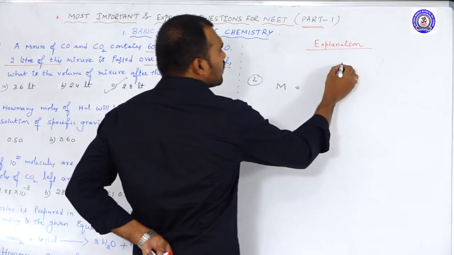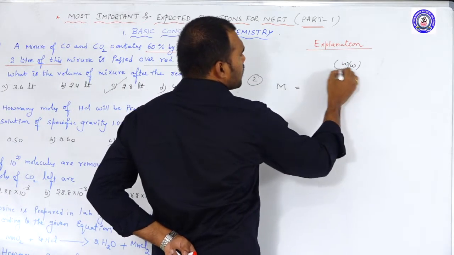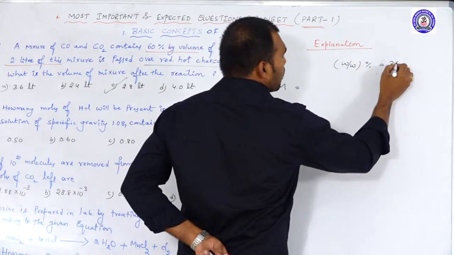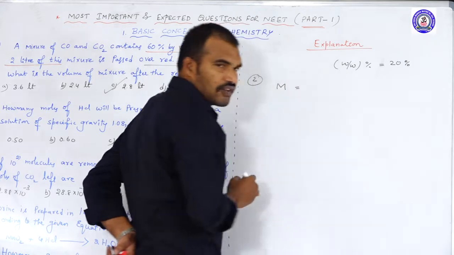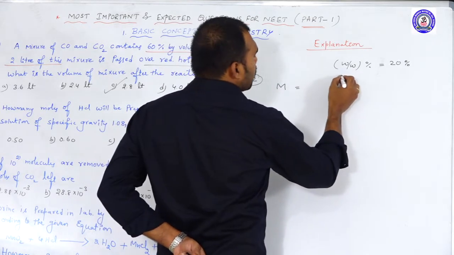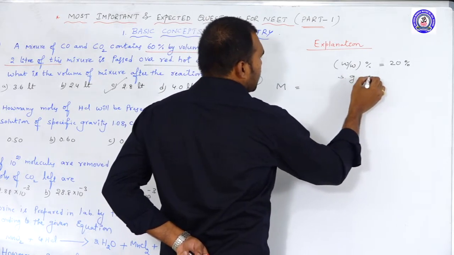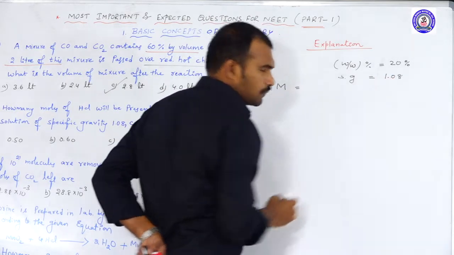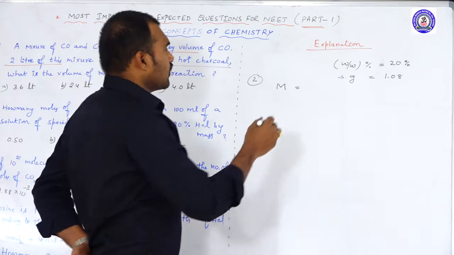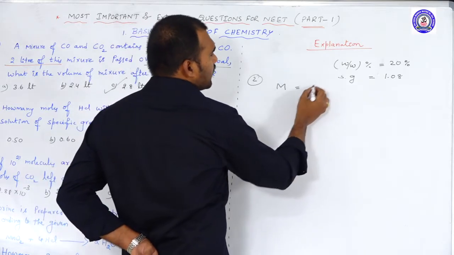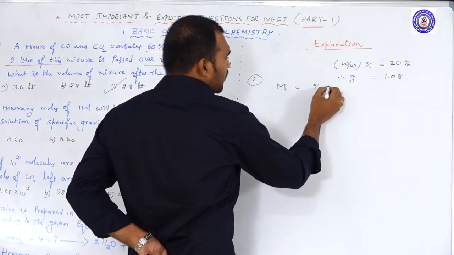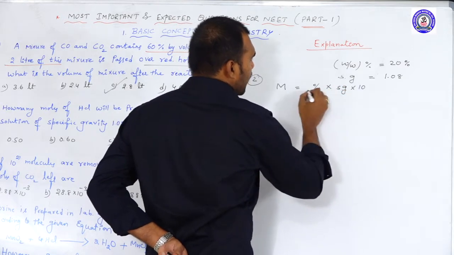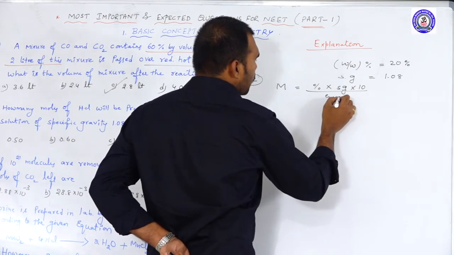The weight percentage is how much they gave? 20%. And the specific gravity is how much? 1.08. Then the formula for the molarity is given percentage into specific gravity into 10 by its gram molar mass.